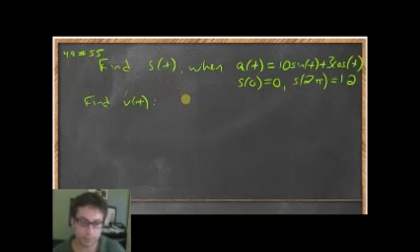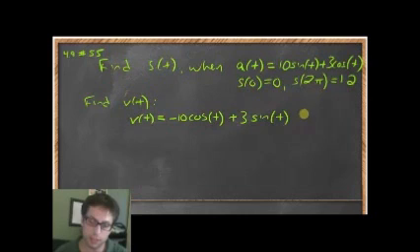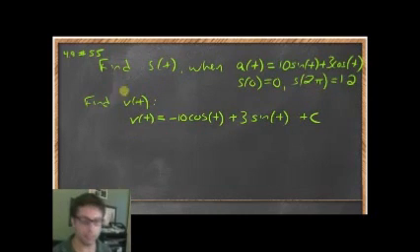So we're going to anti-differentiate 10 sine t. The antiderivative of sine is negative cosine, and the antiderivative of cosine is sine. So this is our velocity function.